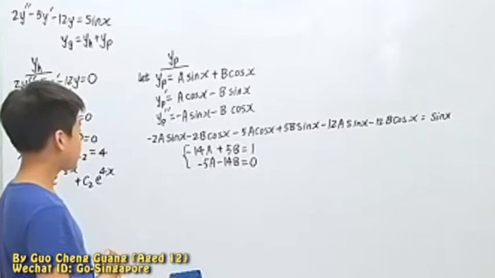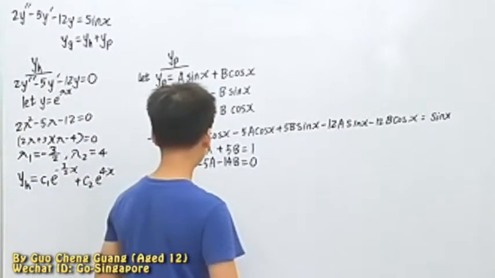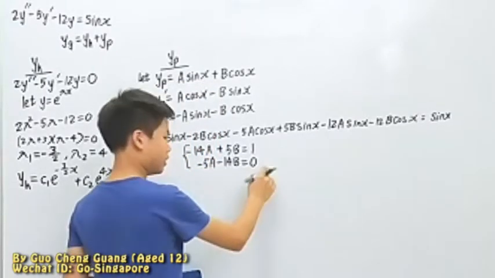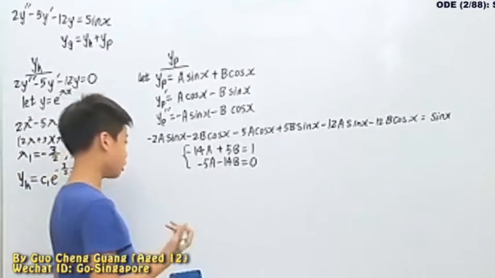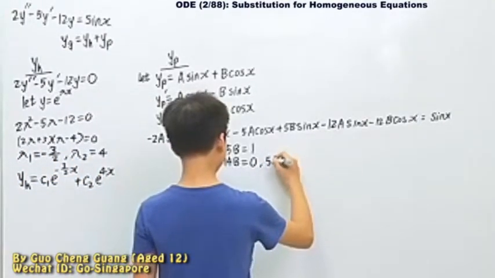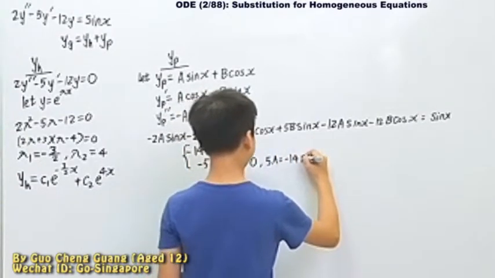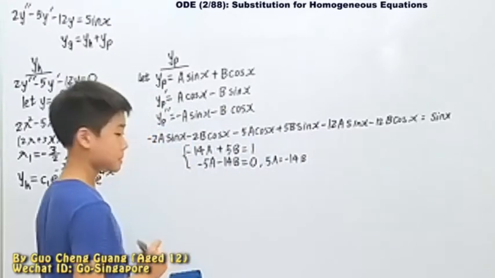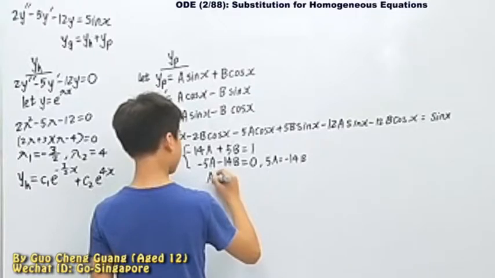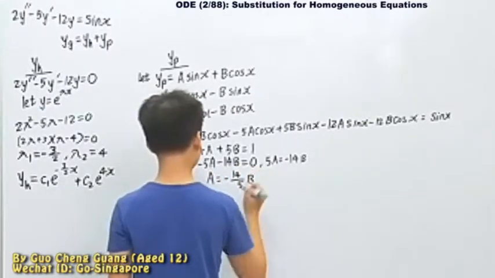Okay, so what can you put for this part? What if we move this to the other side? Let's try. So that means 5a would be negative 14b, and a will be negative 14 over 5 b.